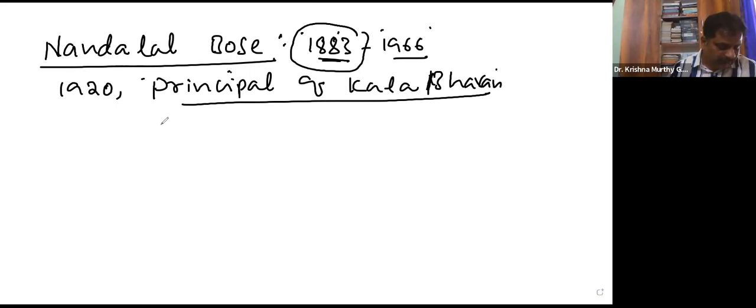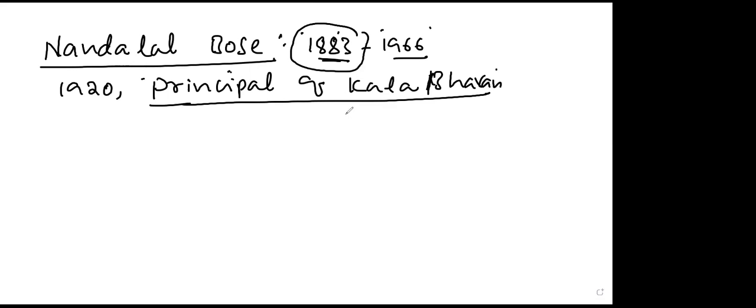Kala Bhavana was a branch of the first cultural department of British India. It was under the control of the cultural department, which was the first cultural department of the British government in India. That was the Asiatic Society.